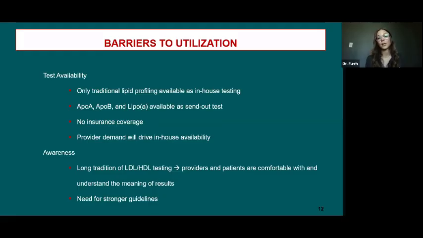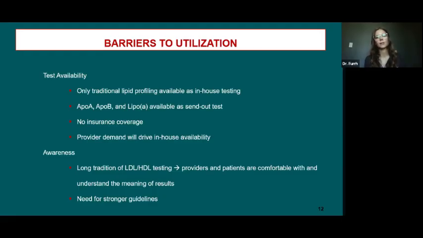The only thing that's going to change that is provider demand. That will drive in-house availability of testing at most facilities. Usually labs don't come out and say, hey, we're starting to run test XYZ, you should order it. The way it goes is that providers continue to call up the laboratory saying, hey, we really want this test and we're tired of the long turnaround time for send-outs. Can you bring it in-house?